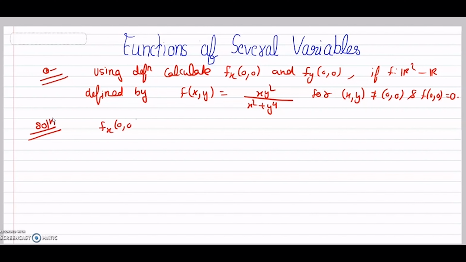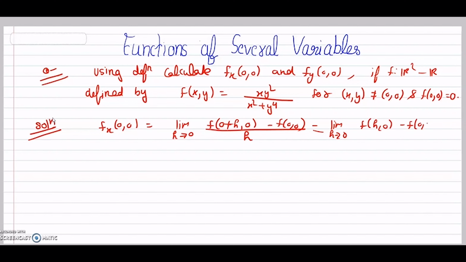fx at (0, 0) is equals to limit h tends to 0 f(0 plus h, 0) minus f(0, 0) by h, and it is equals to limit h tends to 0 f(h, 0) minus f(0, 0) by h, and it is equals to limit h tends to 0 f(h, 0) is also 0 and f(0, 0) is also 0 by h, so it is equals to 0.